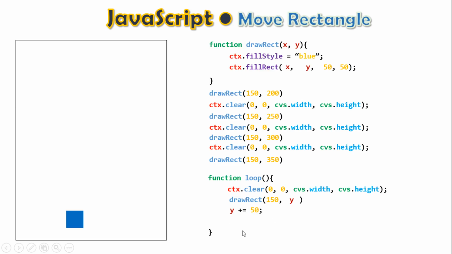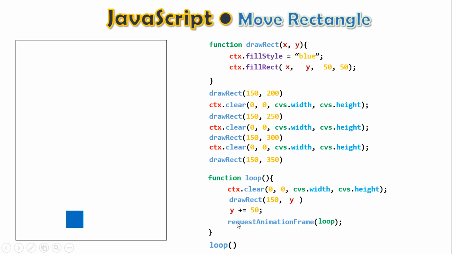Now at the end, I will use a function called requestAnimationFrame. This function will call the loop function as long as your browser is ready to render the next frame. So what will happen here: when we call the loop function one time, we will run this line of code, then this one, then this one.